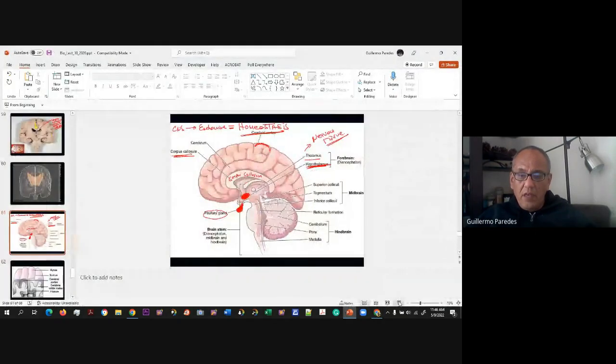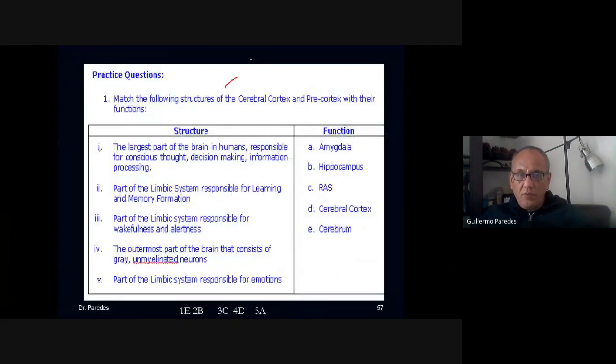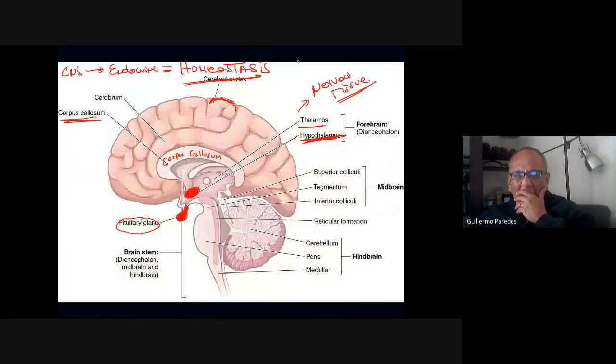Homeostasis is how the body keeps its internal balance. And this homeostasis is going to work hand in hand between the nervous system and the endocrine system.